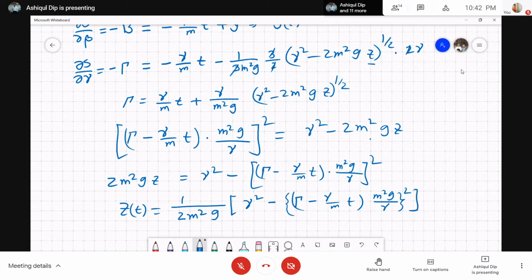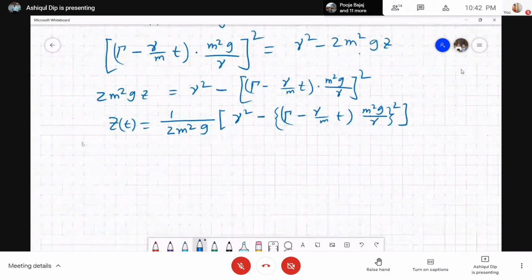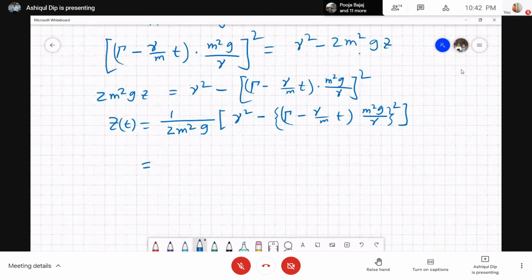Is this the solution for z, or is this just happy? Yes, it's right, I think. How do you say that it's right? Well, the algebra is right, actually. Okay, so is this the right formula, or the expected formula for z, or not? That's what I'm asking.